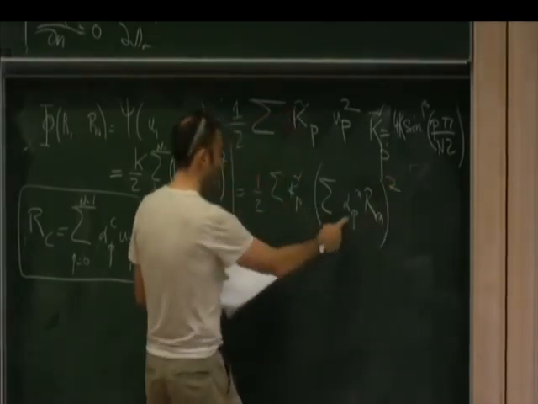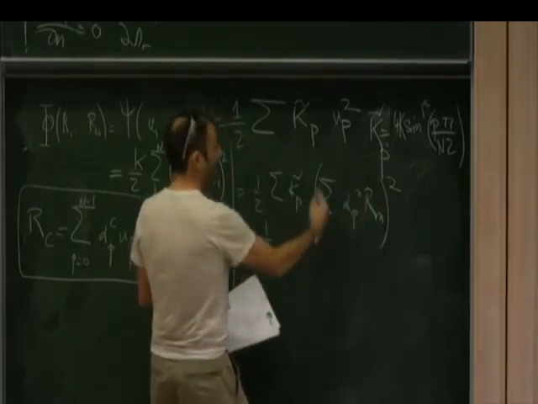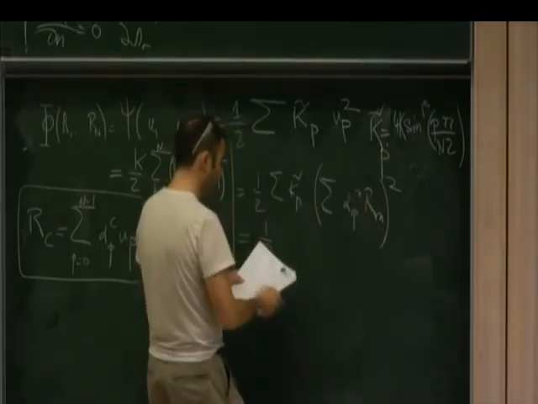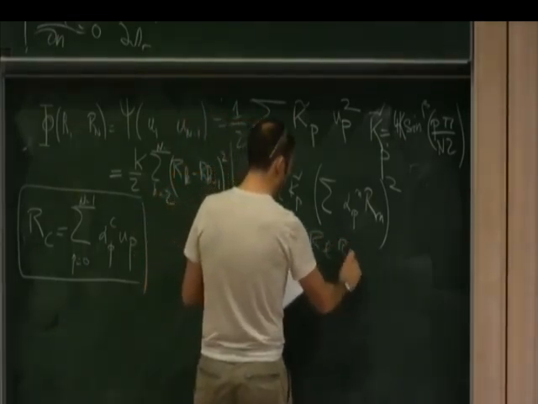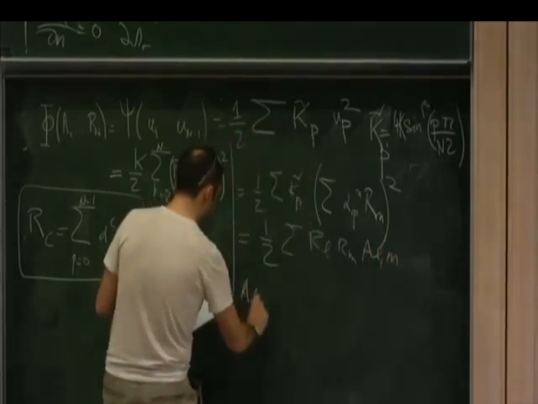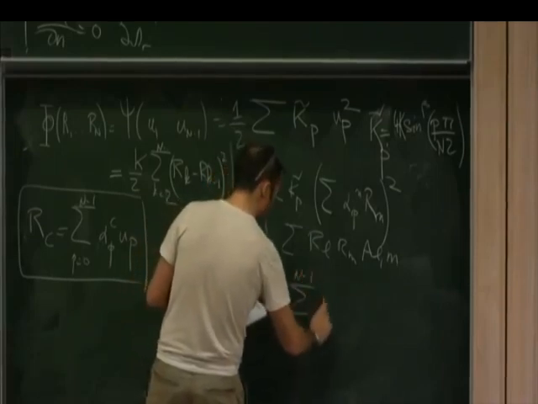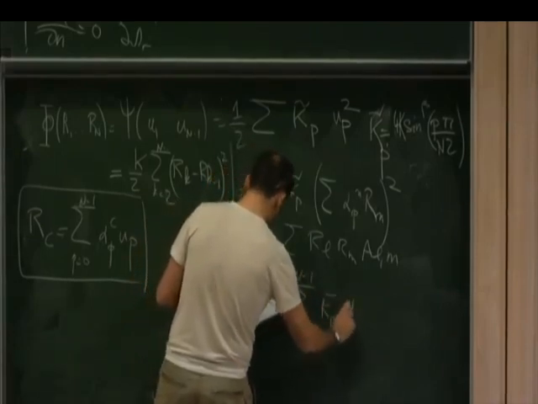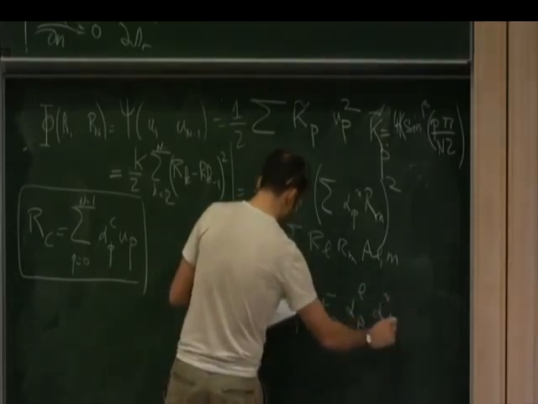So this is squared, and now you can expand this sum. It's nothing very creative, and you reorganize it, and you can always write it as the sum of Rl Rm A_lm. And this A_lm is the matrix, which is the sum of 1 over n minus 1, kappa tilde p, alpha pl, alpha mp.